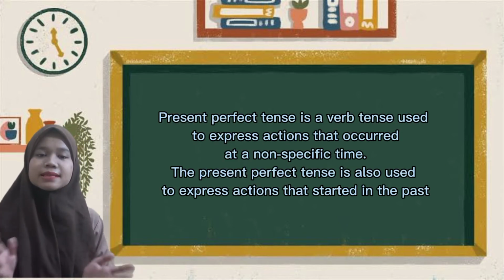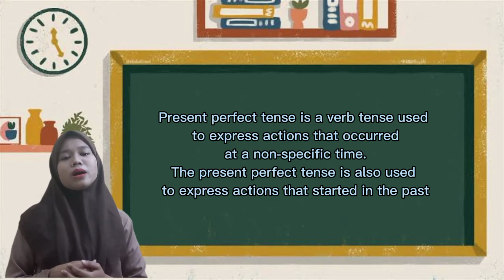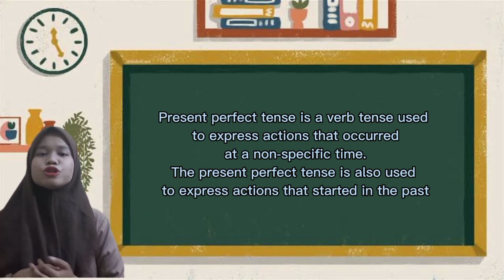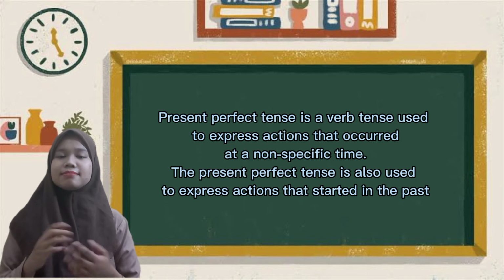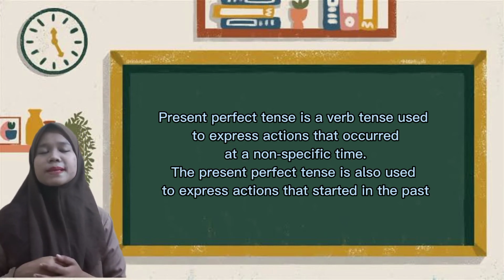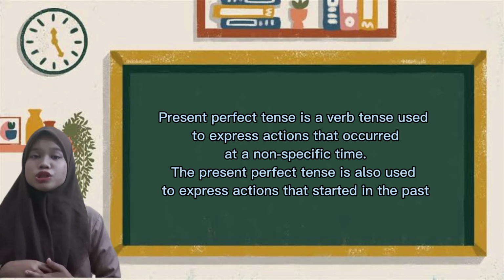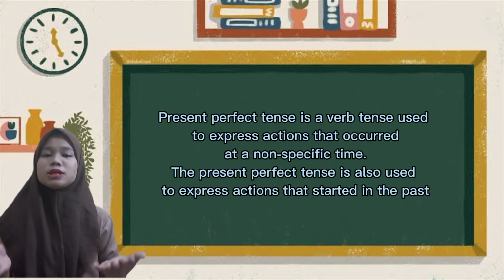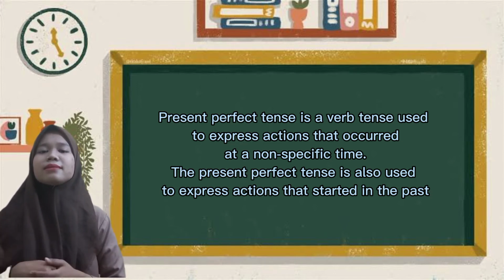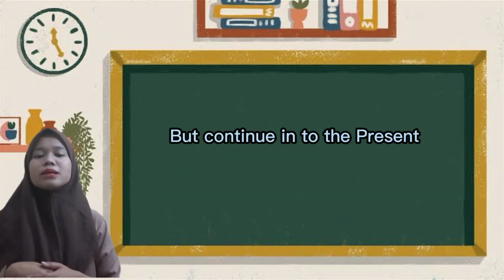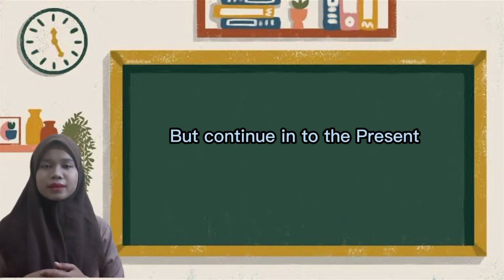Present perfect tense is a verb tense used to express actions that occurred at a non-specific time. The present perfect tense is also used to express actions that started in the past but continue into the present.